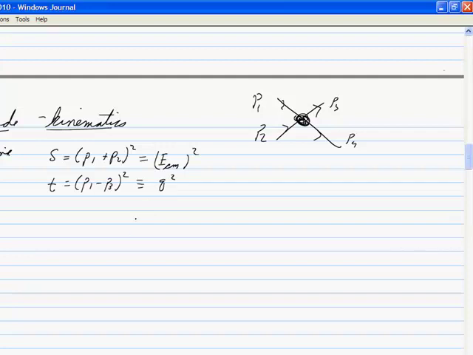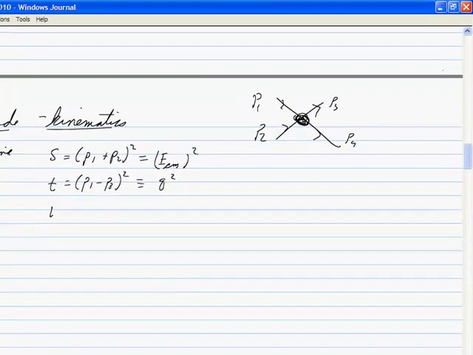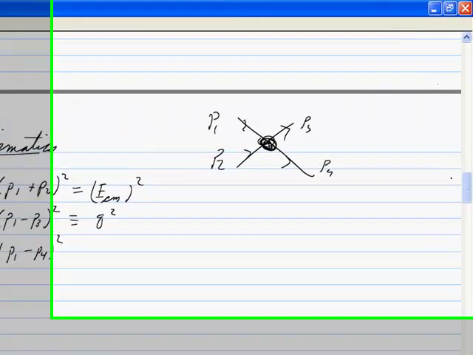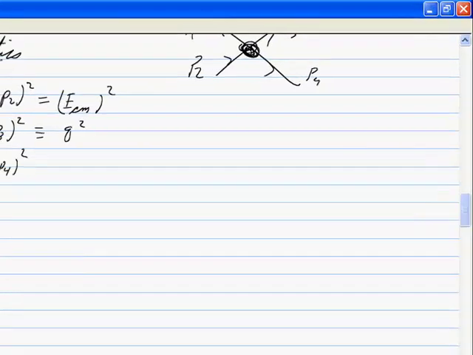Q is a variable that you can use for a lot of things, but that's often called Q squared. And U is P1 minus P4 squared. And these are all the variables you need.